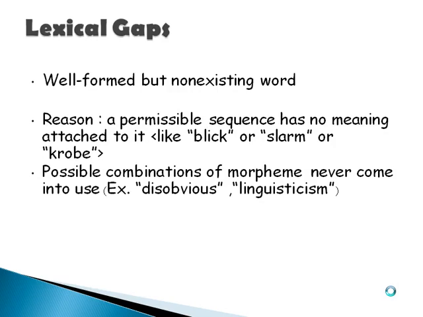There are possible combinations of morphemes that never come into use, like disobvious or linguisticism. So these are the cases in which we call them lexical gaps, because there is the rule; it's possible to form the word, but it doesn't exist.